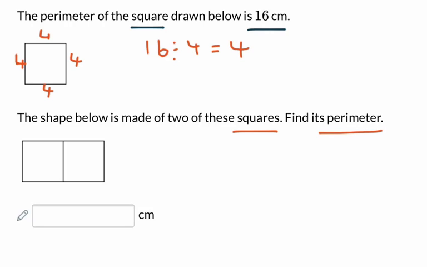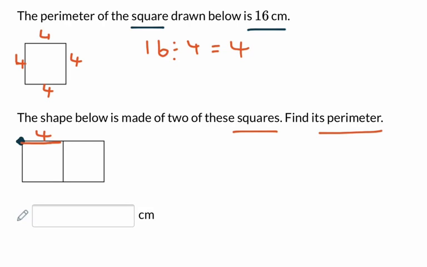I am going to start off with the blob in this corner here, and I am going to travel round the shape in a clockwise direction. And every time I come across a line I know the length of, I'm going to write its number. So if I start at the little blob and I go in a clockwise direction, I know that I've travelled along that line, and from the shape above I know it's a 4.